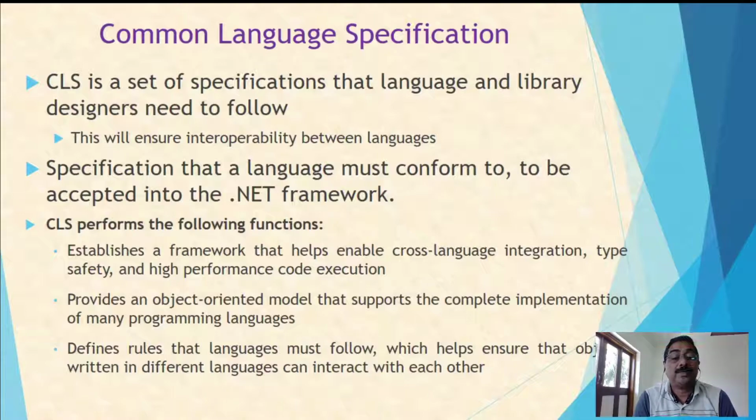It defines the rules that languages must follow, which helps ensure that objects written in different languages can interact with each other. So the Common Language Specification is also a component which helps cross-language integration and interoperability between two different languages in the .NET architecture.